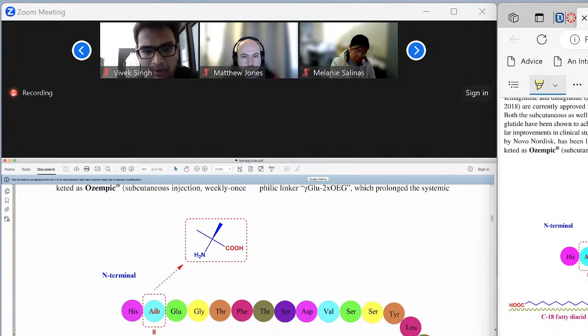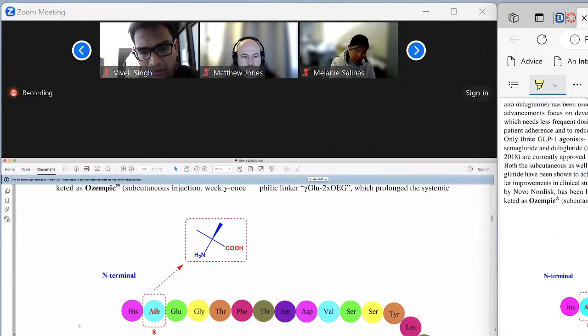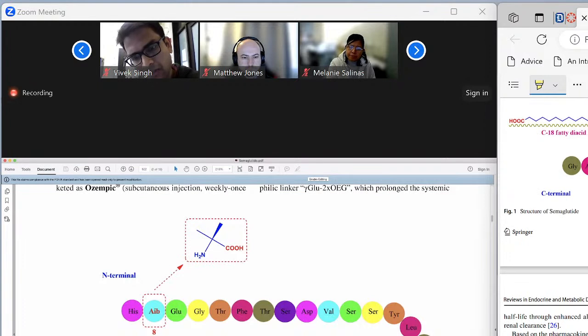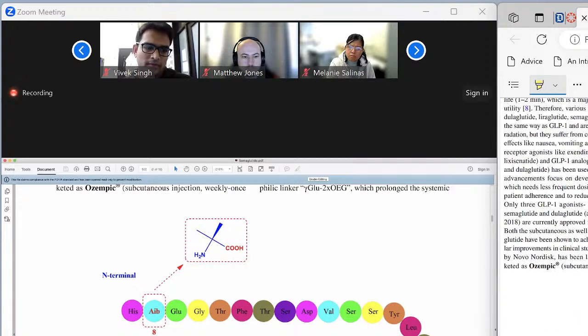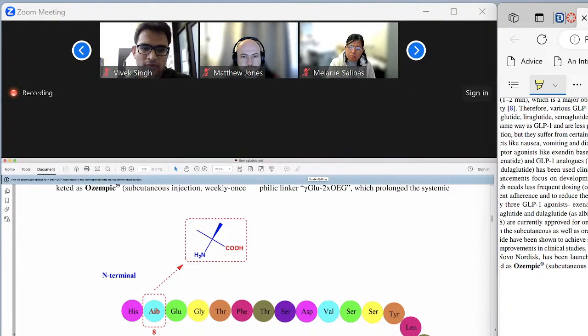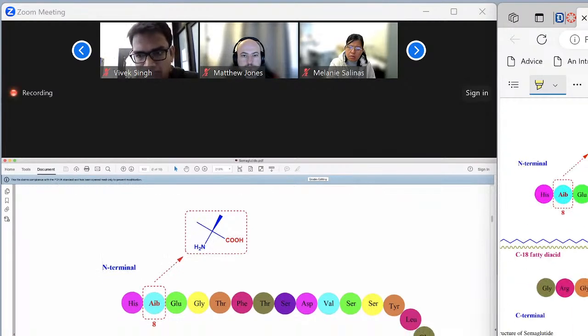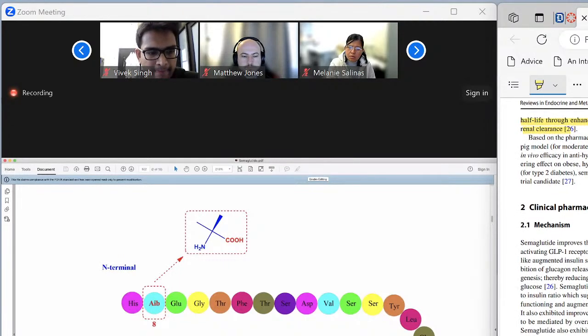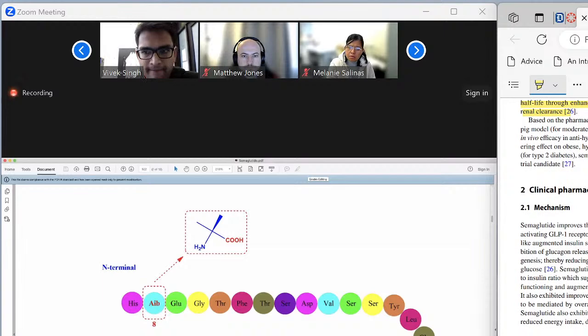Now, in this particular formulation, does anyone recall from the paper what the dosing is? Well, let's back up a little bit. With a drug such as this, how would you expect it to be administered? Orally or parenterally?